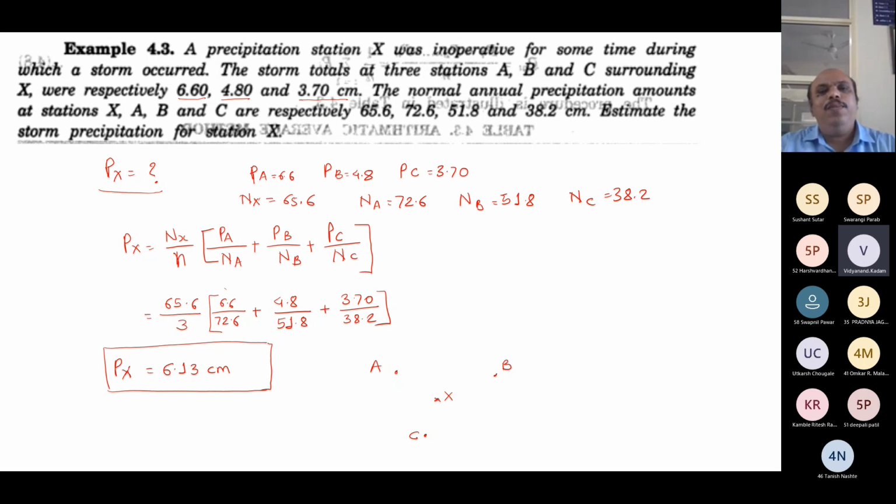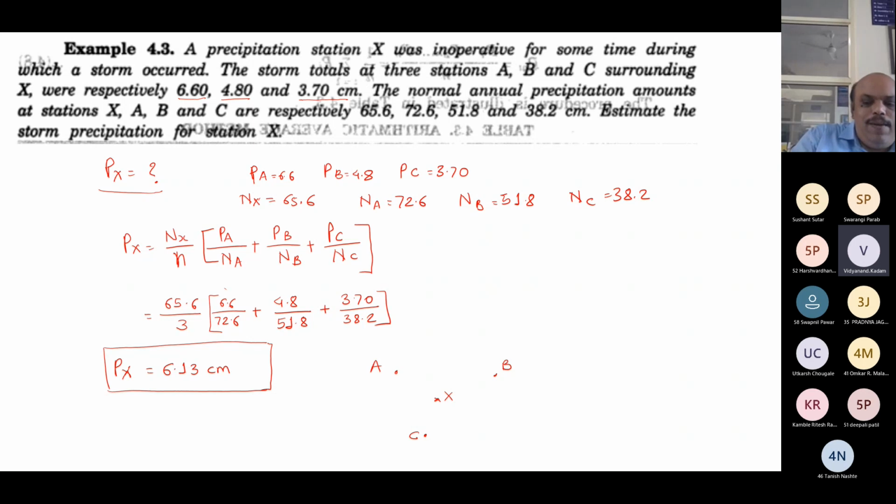That is normal ratio. And when to use this method? When the difference between normal annual rainfall value at missing data station and index station is more than 10%. In that case, we have to use this normal ratio method.